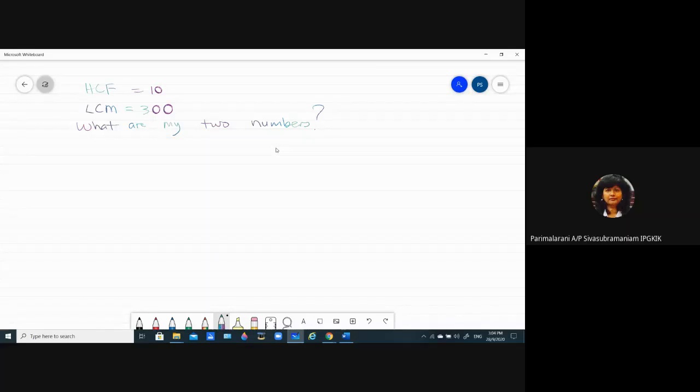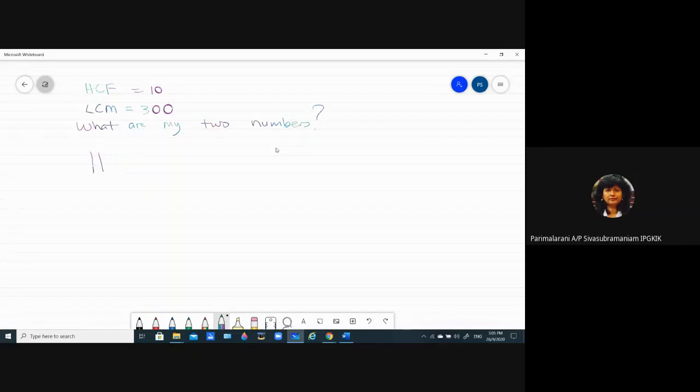When you want to apply, you must ask yourself, do I know how to do this? How do I proceed from here? Before this I gave you the two numbers. Now you don't know the two numbers, but you know the HCF and the LCM. Can we use the relationship first?